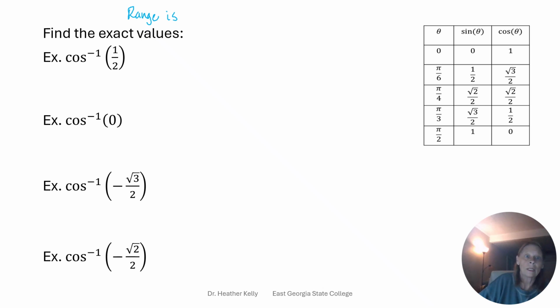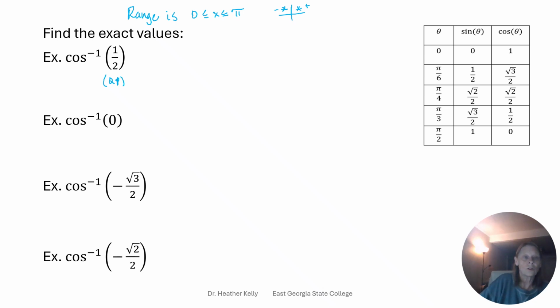All right, so let me write up here again that our range is between 0 and pi. So in other words, it's these guys. And this is where it's positive, and this is where it's negative. Okay, so arc cosine of 1/2, well, that is in quadrant 1 because it is positive.